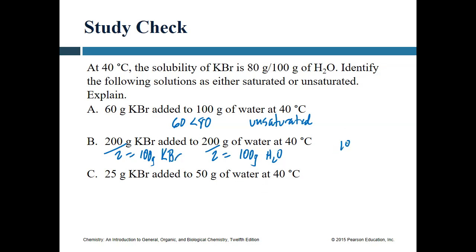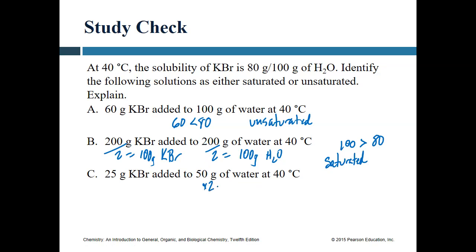I can see that 100 is greater than 80 this time. My saturation limit is 80. I've got 100. So 20 of those grams aren't going to dissolve. This is going to be a saturated solution. And I can make a similar argument with the 50 grams of water.